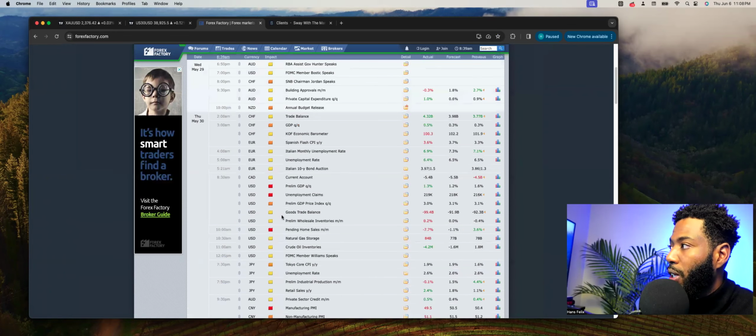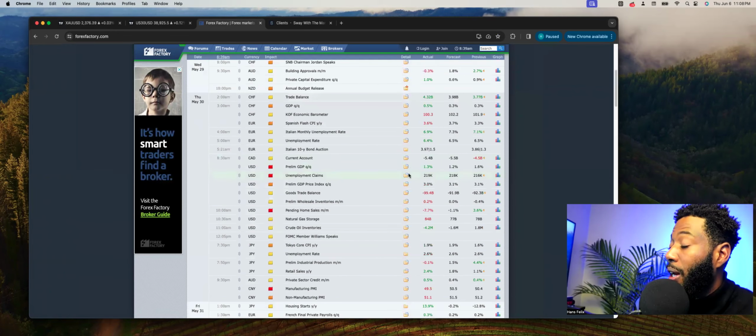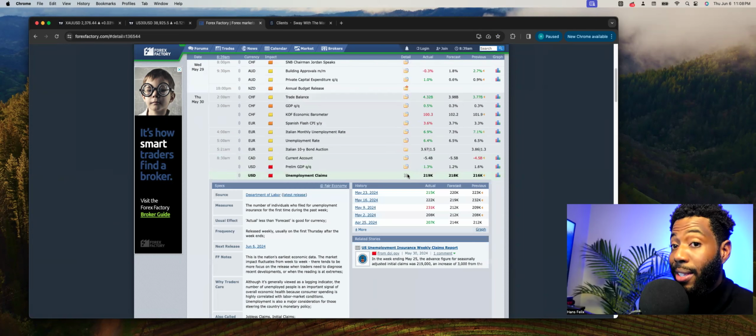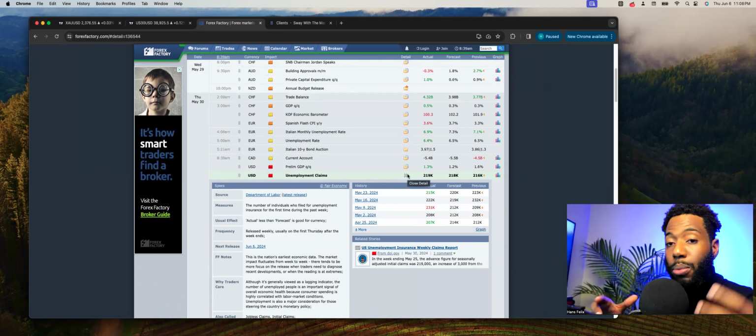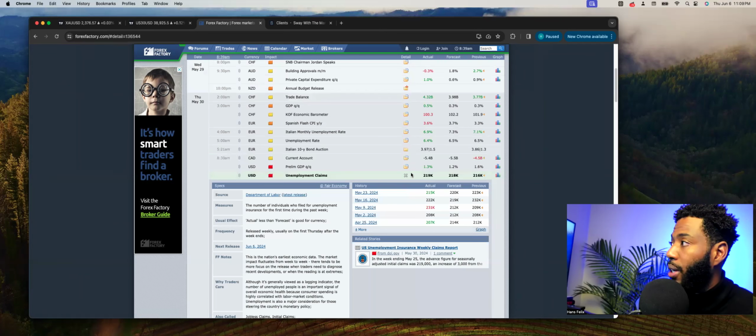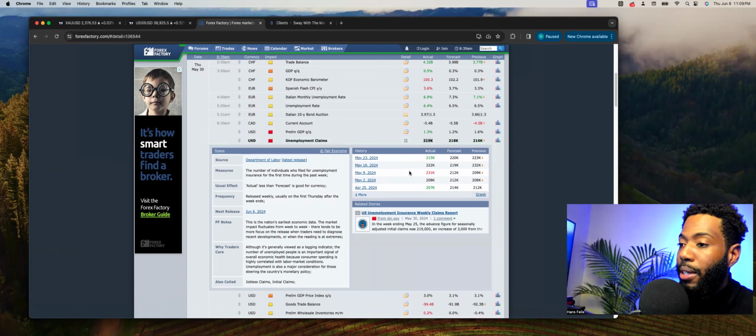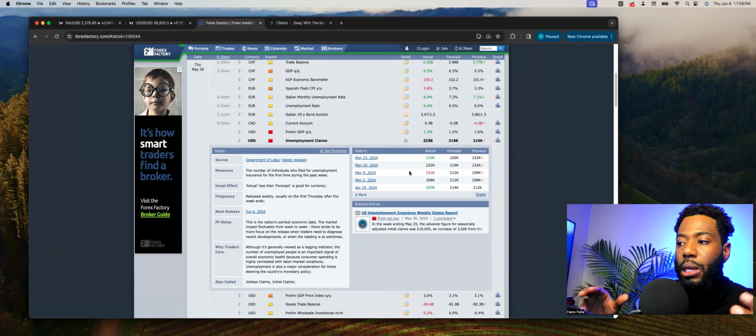If you're looking at unemployment claims, it has direct correlations with non-farm payroll and unemployment numbers, right? So if they're already claiming that numbers came out with a lot more unemployed people, then that's already telling you, hey, NFP numbers might run negative or come out worse than forecasted, right?